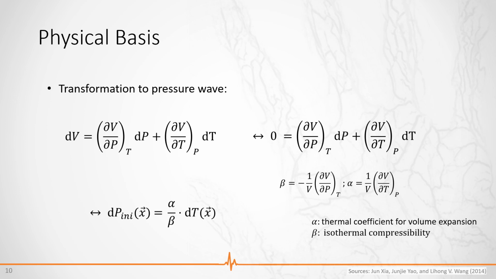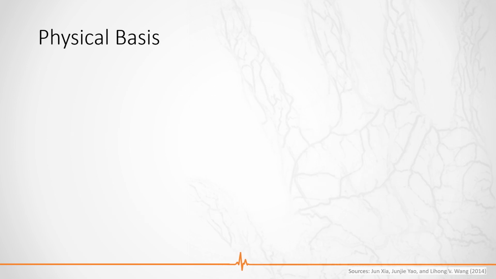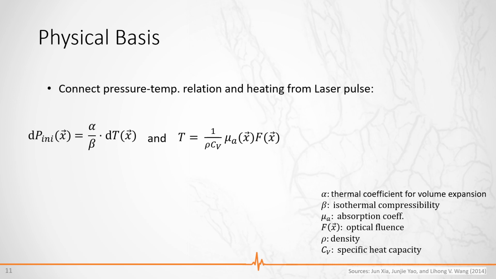Now we have the relation between the temperature change and the pressure change. Now we just need to insert the temperature rise induced by the laser that we derived before. And we get this relation between the initial pressure rise and the laser pulse.